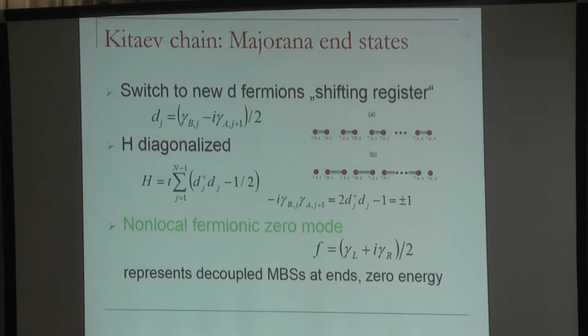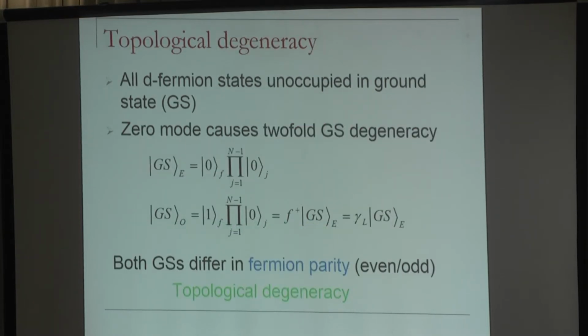So we can build new fermions for the bulk. All these sit at finite energy, and that means in the ground state they're not occupied. But you have this f fermion mode, a true zero mode describing these two boundary Majoranas. And that means that we have a degenerate ground state. This is a topological degeneracy, namely you have either even parity or odd parity ground state, and you can move between them by action of this Majorana operator.